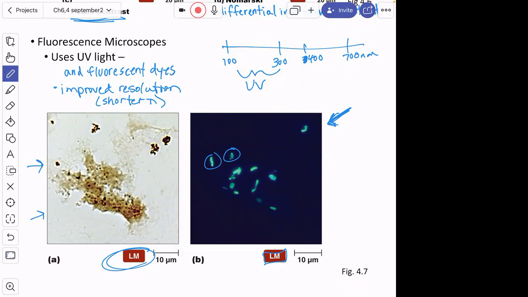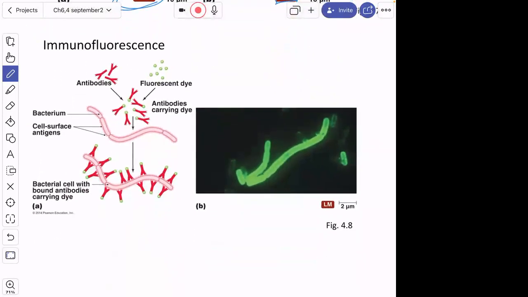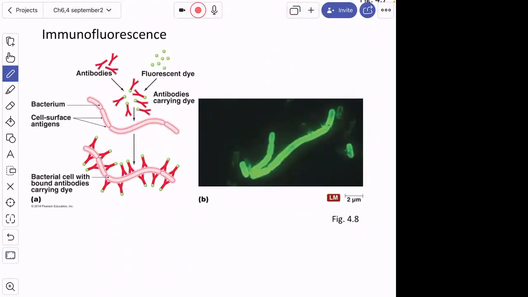And with fluorescence microscopy we can even add another layer of specificity if we tag that fluorescent dye to an antibody. We're going to talk much more about antibodies later on in the course, but antibodies are so specific. We can make an antibody to stick, to adhere to any protein, basically. We can design them.